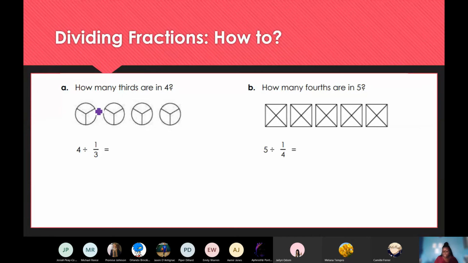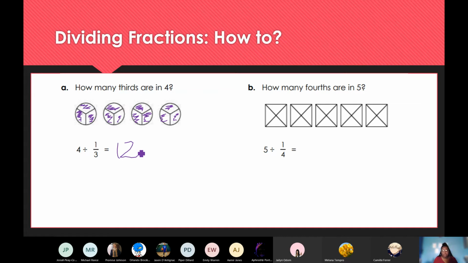So if we were to do this the simpler way that you probably learned in 4th or 5th grade, there's 1, 2, 3, 4, 5, 6, 7, 8, 9, 10, 11, 12. Yes, the answer here would be 12. There are 12 thirds in 4 whole cookies.